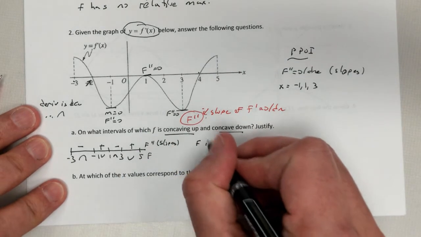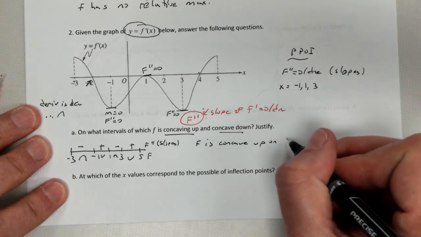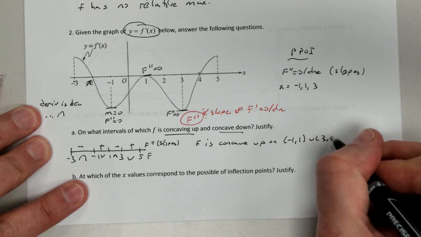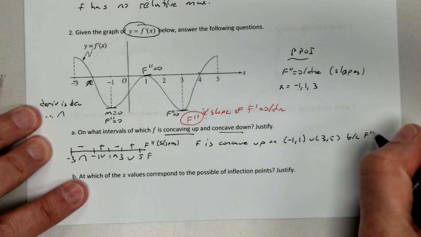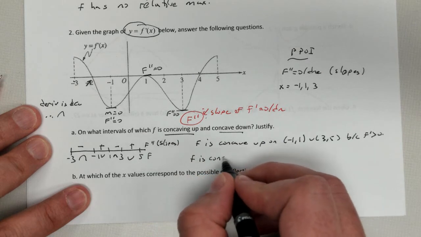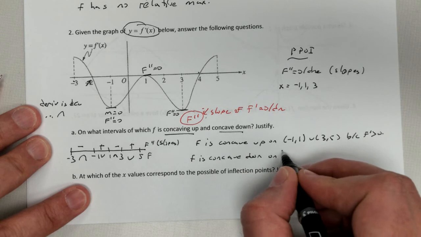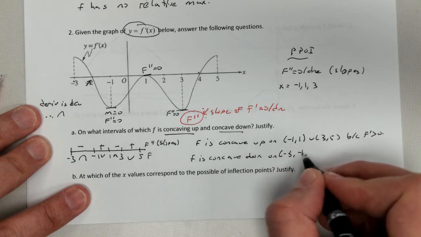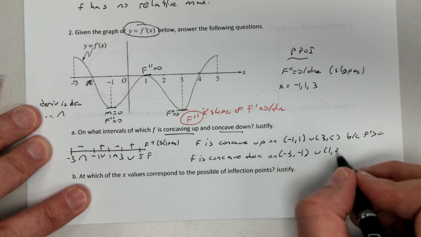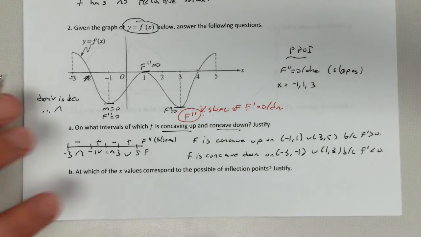So we can say f is concave up on the following domains, negative 1 to 1, or 3 to 5, and that is because the derivative is positive. We can say f is concave down on the domain negative 3 to negative 1, or looks like 1 to 3, and that is because the derivative is less than 0.